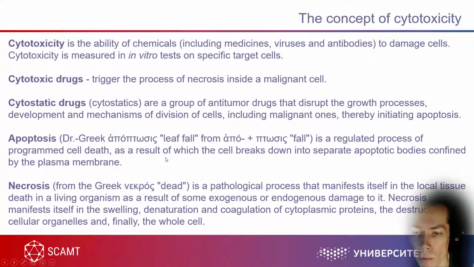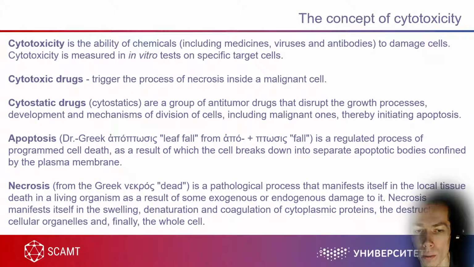If you're talking about morphological changes, there are different changes for apoptosis, because cells which undergo apoptosis will shrink, so decrease in size, and there will be a lot of apoptotic bodies around these cells, very small vesicles.